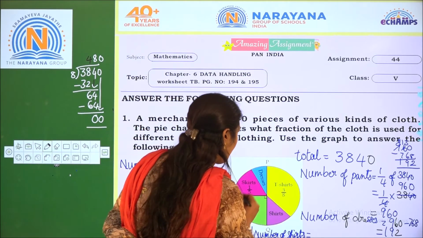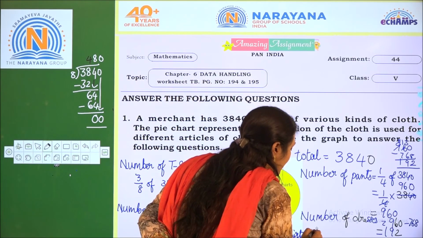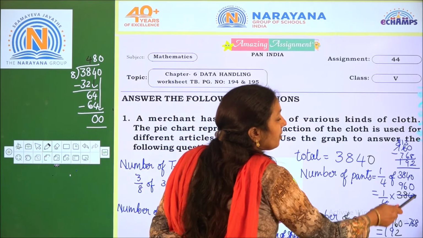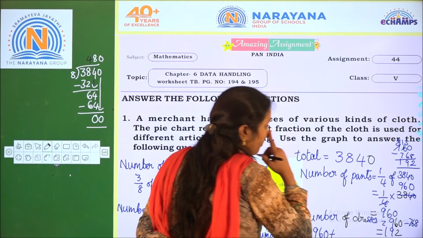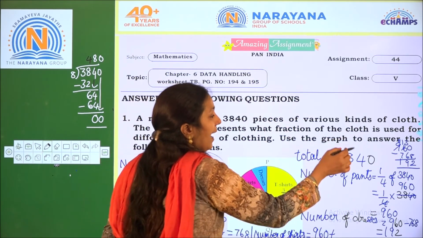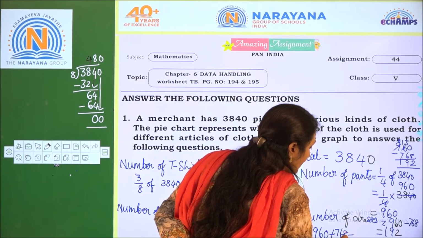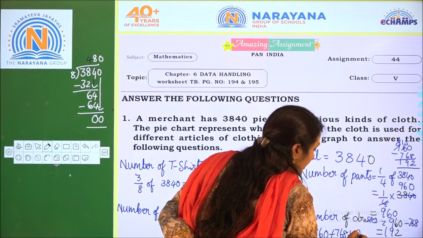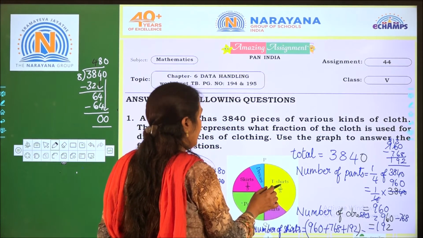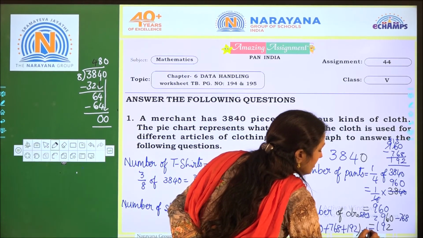So you can take 960 directly, or add 768 plus 192, minus what we have to subtract, the t-shirts. How many t-shirts are there? 1,440.